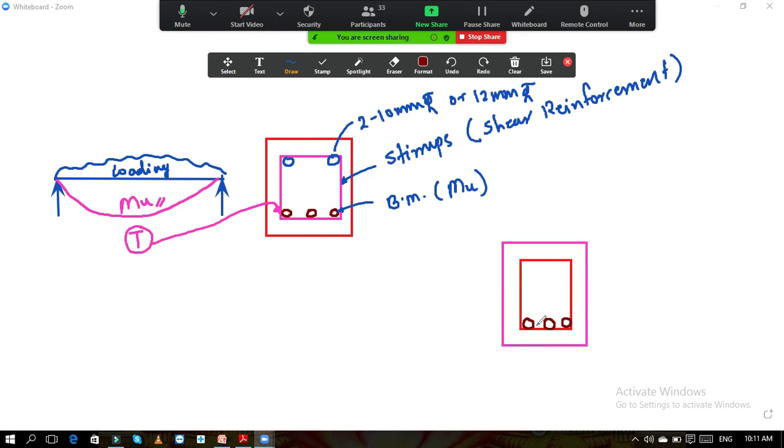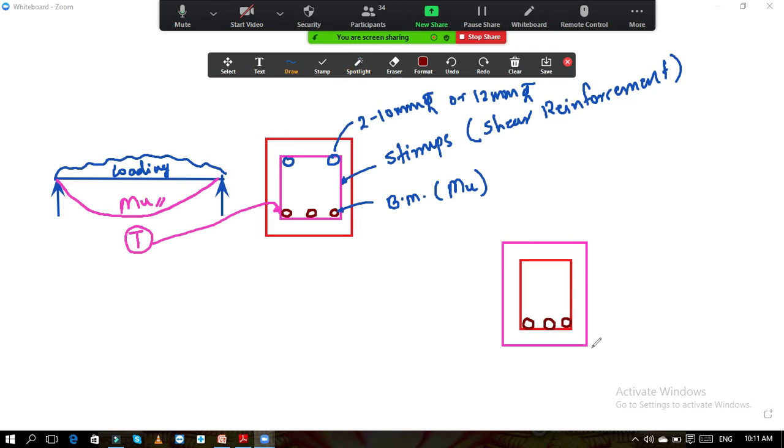As I told you earlier, these bottom bars are designed for the bending moment, the sagging bending moment. Here you can see the profile in this diagram. This bending moment must be a sagging bending moment, and for that we provide the bars at the bottom.